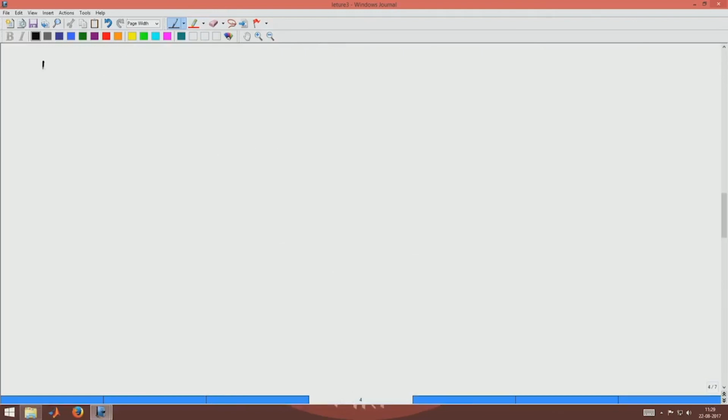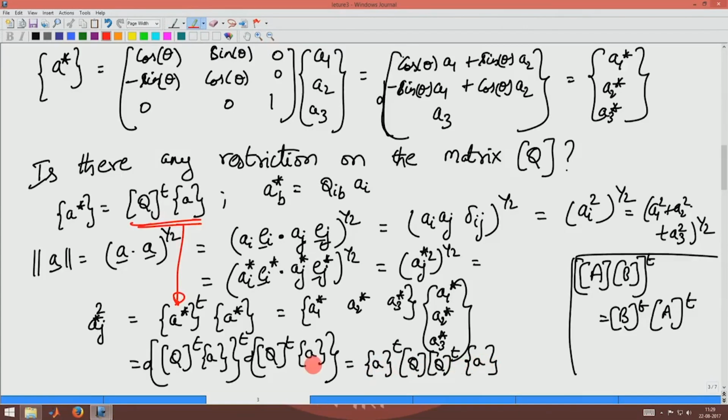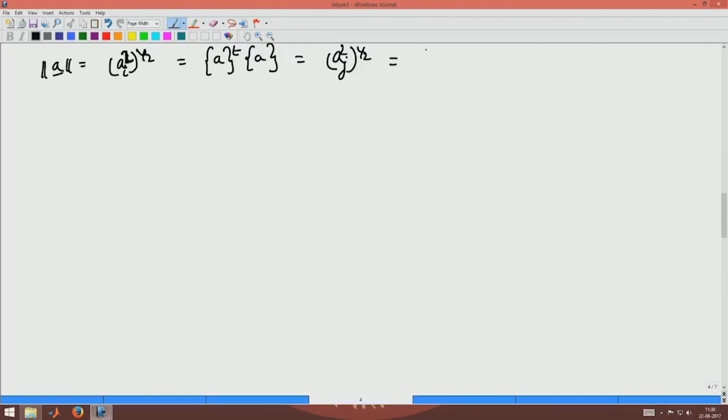Okay. So, you have the norm of A given by A_i squared to the power of, that is nothing but A transpose A, this is nothing but A_j squared to the power of, which is nothing but, from what we found here, this A_j star squared, we are using that expression in here to get it as A transpose Q Q transpose A is what we got.